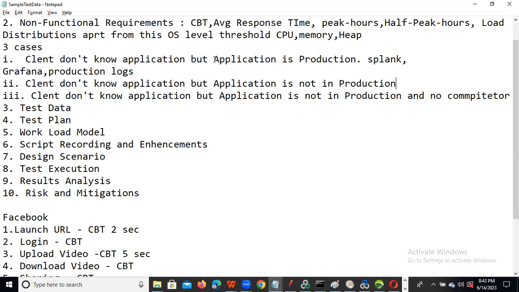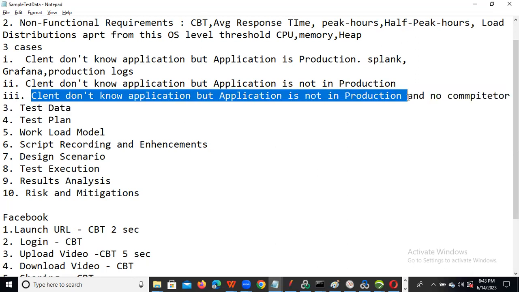So based on their application and statistics, we can identify the transactions like launch, login, account inquiry, service request, withdraw and so on. These all things we know, right? Same things you need to do for ICICI Bank. So HDFC is our competitor, and using that competitor we need to identify our non-functional requirements. That is the second point.